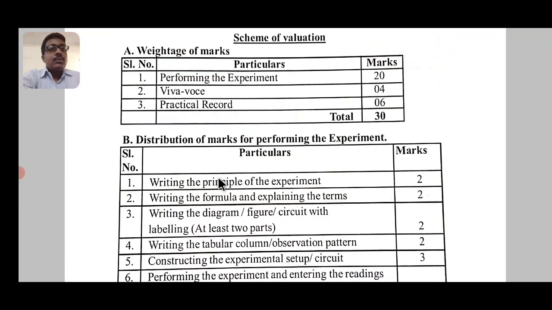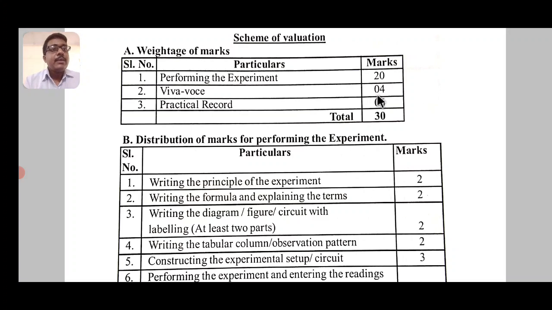Now coming to viva voce, it will carry 4 marks. Now these 4 marks will be based upon your oral performance. So these questions will be asked based on the experiment which you have performed. For example, if you have done a circuital experiment which involves ammeter as well as voltmeter, then the viva questions may be based on the definitions of the apparatus.